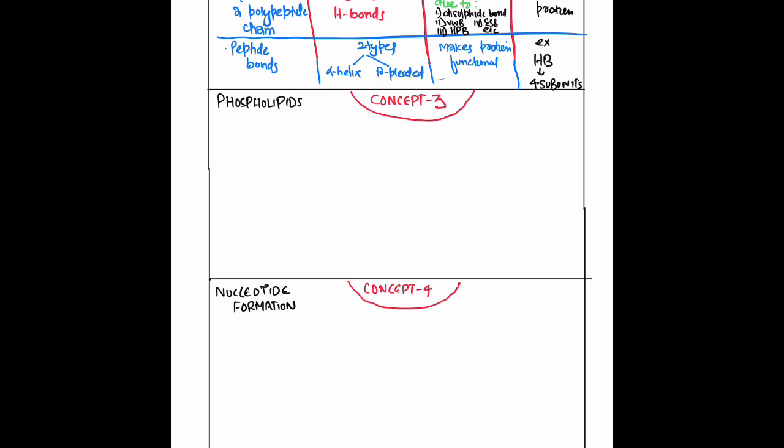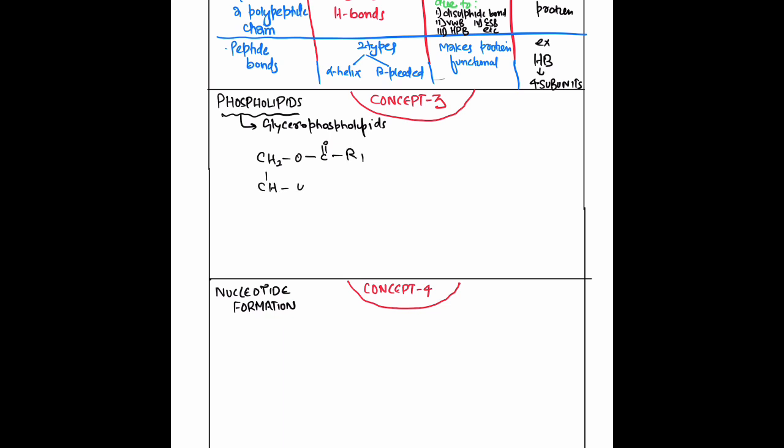Concept number 3 is about the phospholipids. Phospholipids are a special type of lipids which are found in our cell membranes and a lot of other tissues. The most common phospholipids are glycerophospholipids. In these glycerophospholipids, we have a triglyceride whose third fatty acid is replaced by phosphoric acid.